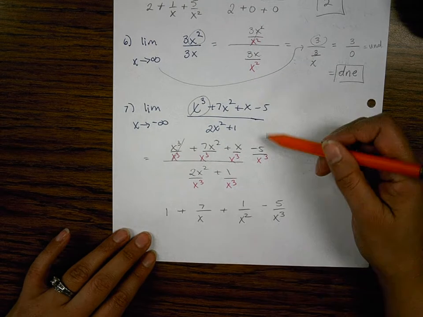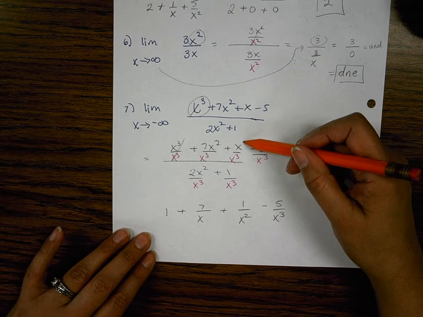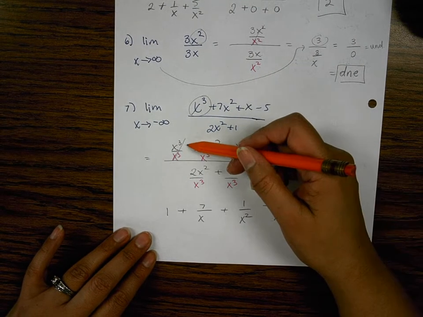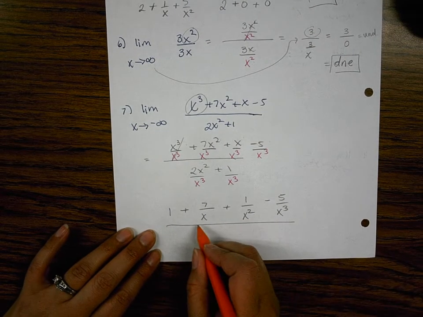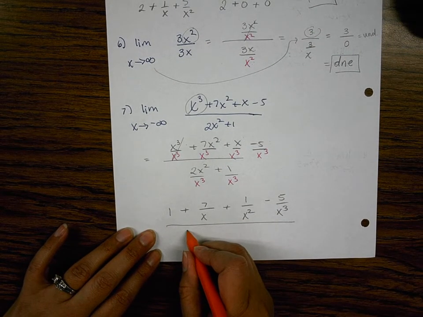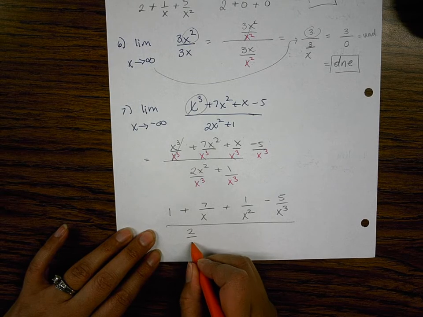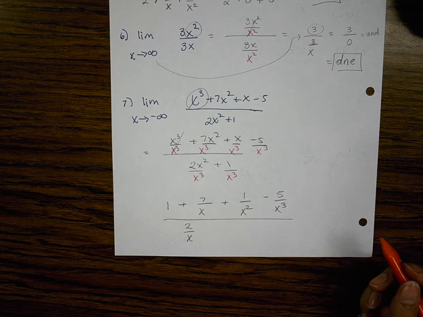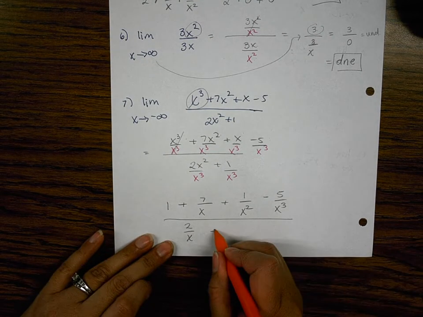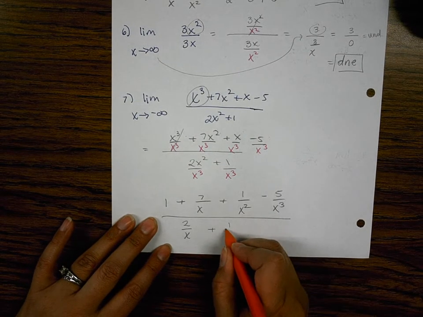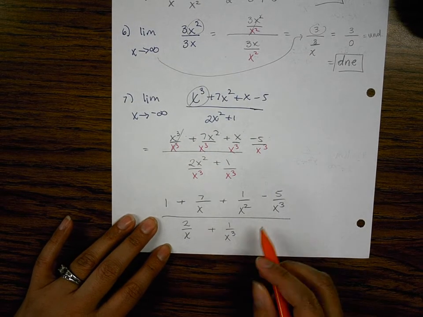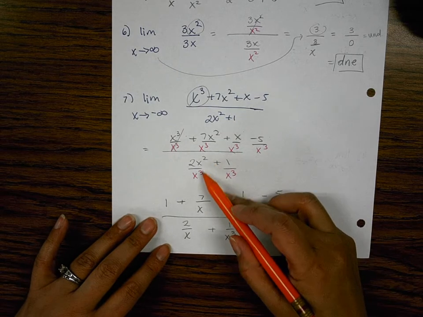You guys see how that did not reduce? That one set did, 2 sets did, everything did, so you're left with 1. All over, let's see, that becomes 2 over x plus 1 over x cubed. That reduced there. The x squared's gone, x cubed became x.